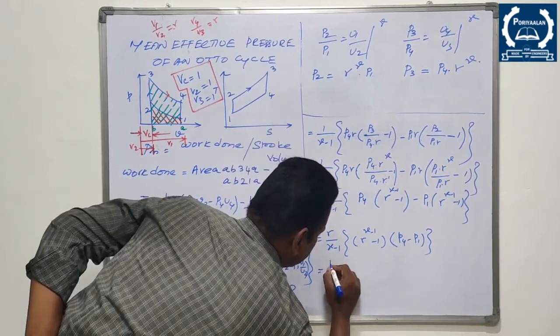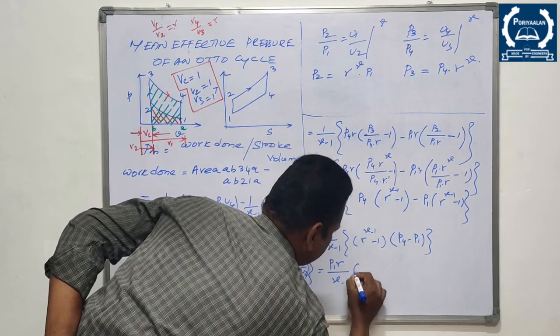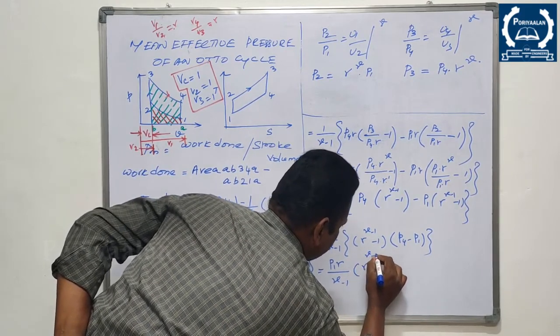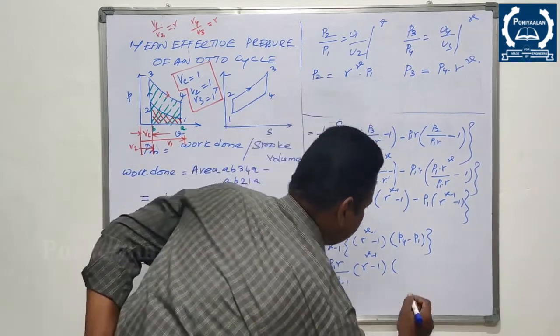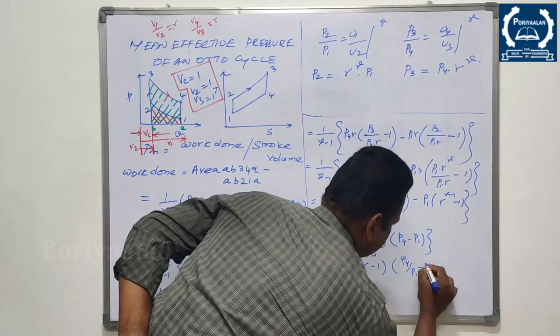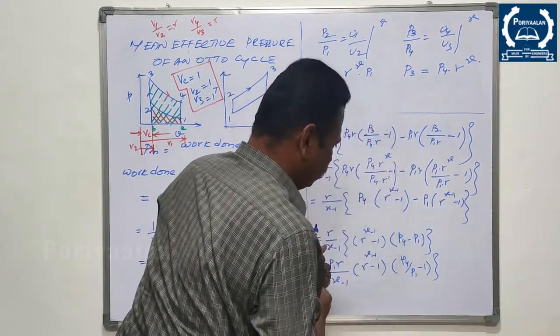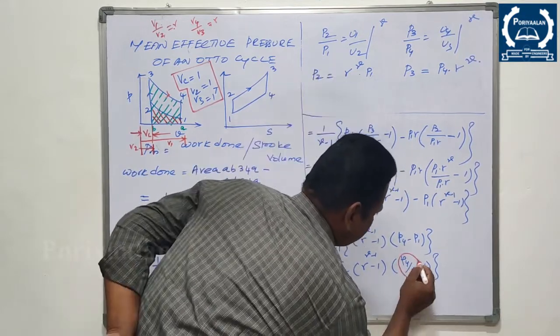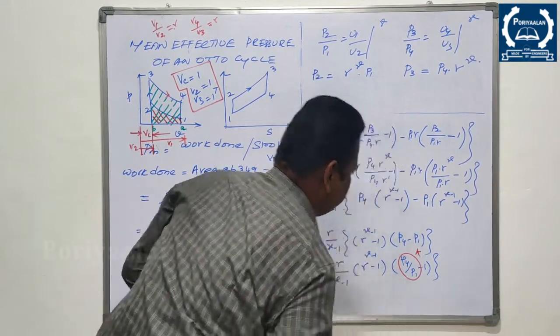So finally this will become P1r divided by gamma minus 1, multiplied with r power gamma minus 1 minus 1, into P4 by P1 minus 1, right. So this P4 by P1 is termed as the pressure ratio. Let it be K.